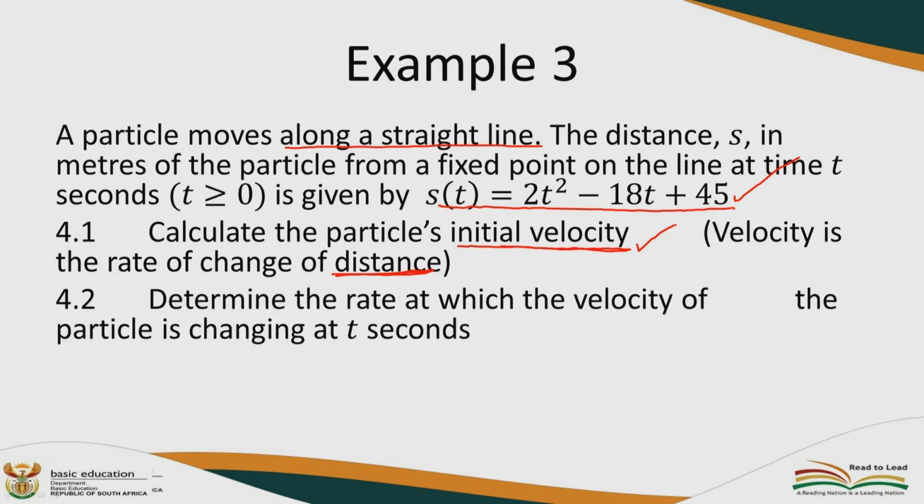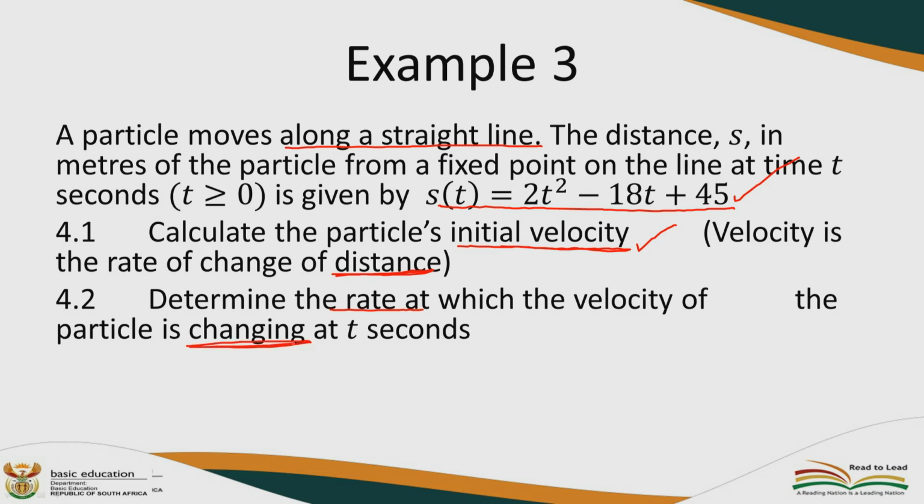Now let us look at the second question before we go through the solutions. The second question, they say we need to determine the rate at which the velocity of the particle is changing. The rate at which velocity is changing. Okay, so this is, in other words, because we have rate there and then we have change in there.